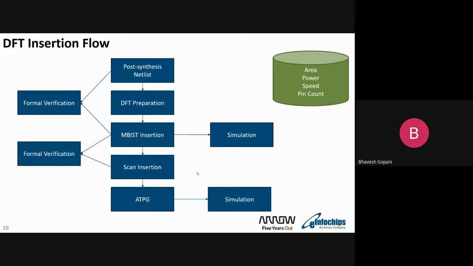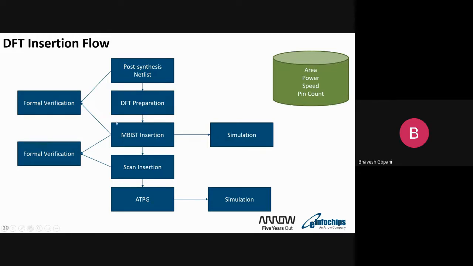So what happens here? Even though I mention here MBIST insertion, nowadays MBIST insertion is done directly at RTL. So once it is done at RTL level, directly on the synthesis netlist, I need to do the simulation. So we can save time, iteration time.